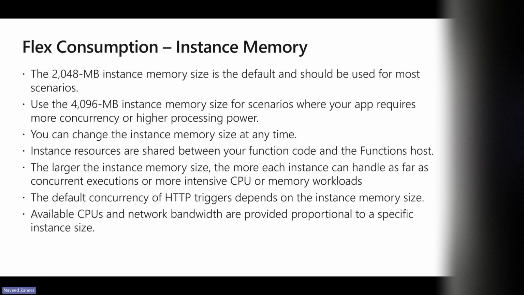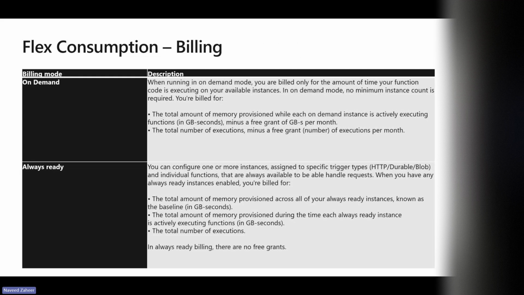Okay, that's that. And then this is the billing. In regards to billing, for on demand, it's pretty similar to the consumption billing, which is based on the number of executions that you have. But in regards to always ready, that's where things are slightly different.